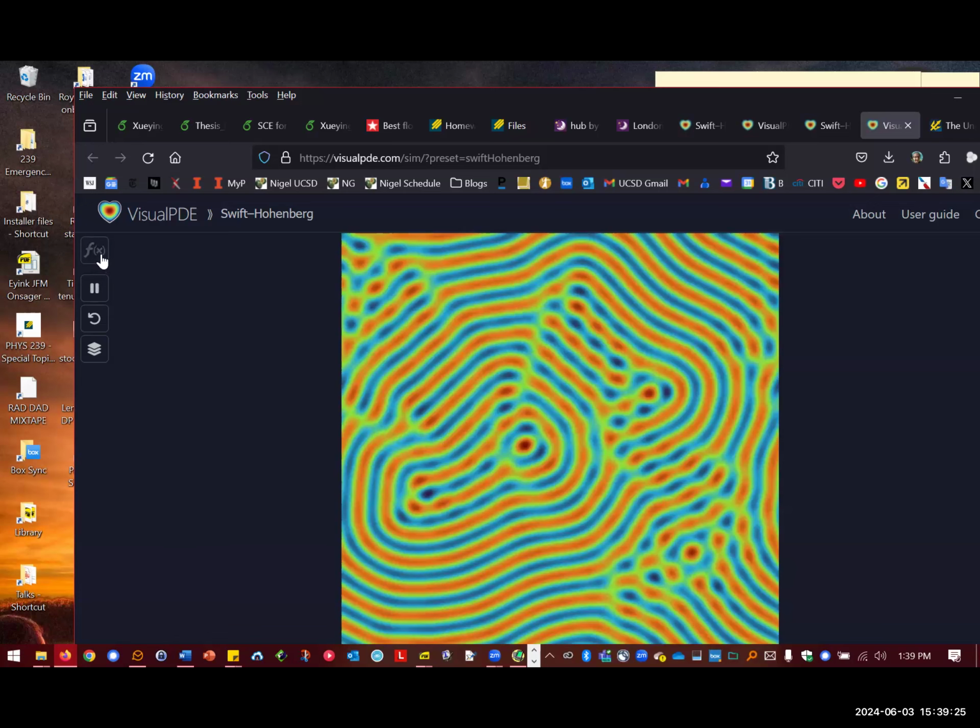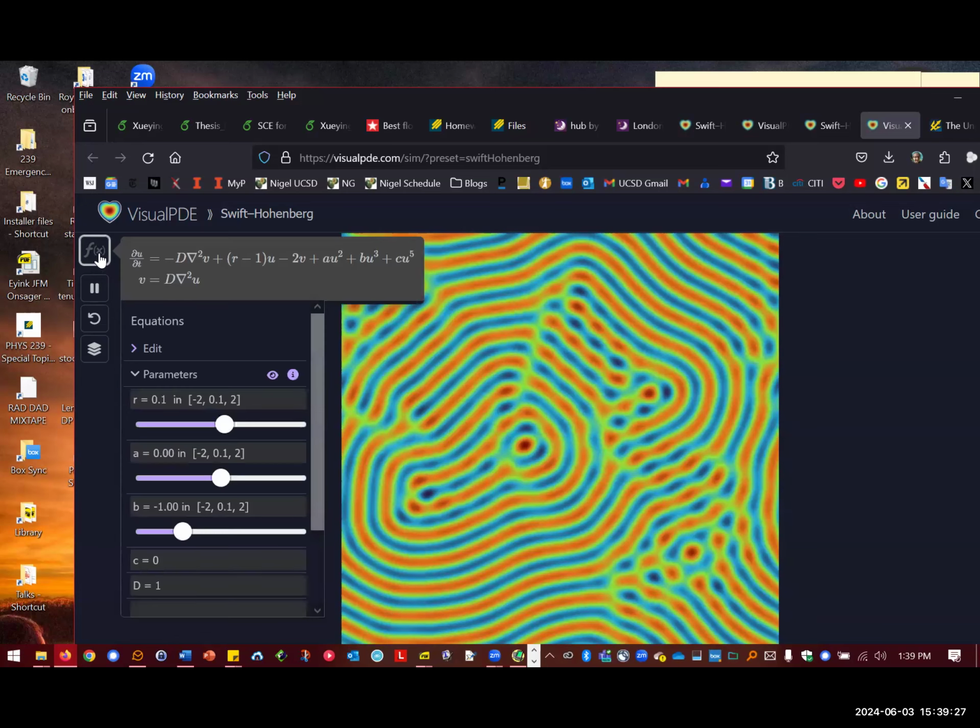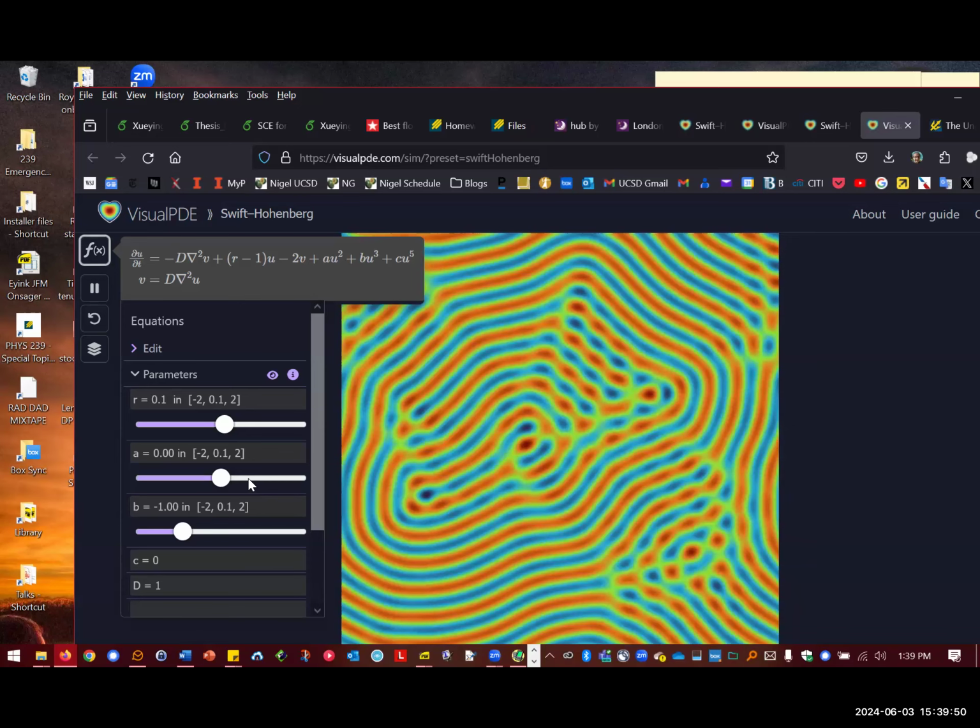All right, so let me show you this. This number A, I told you to set equal to 0. You can see why. Now look at this equation. So V is just del squared of U. If you look at this equation, you'll see that with A equal to 0, this equation has a U goes to minus U symmetry. Okay? I'm going to break that symmetry by making A go to a different value.